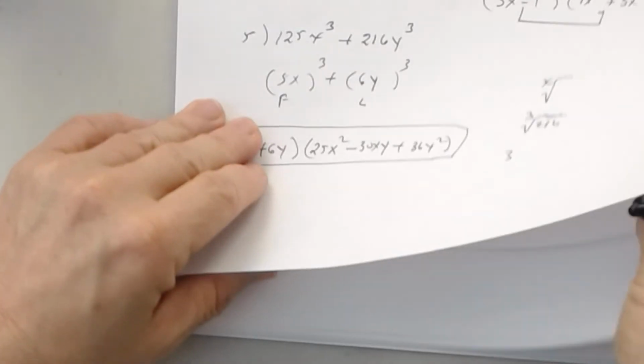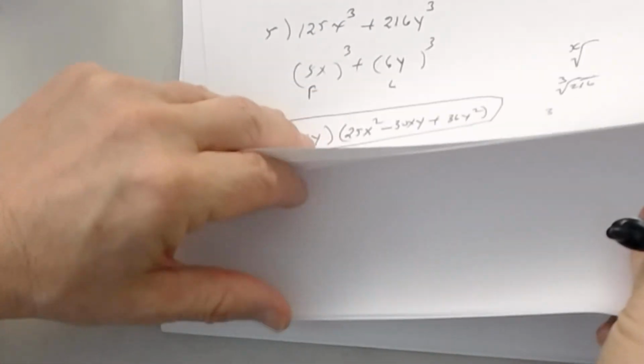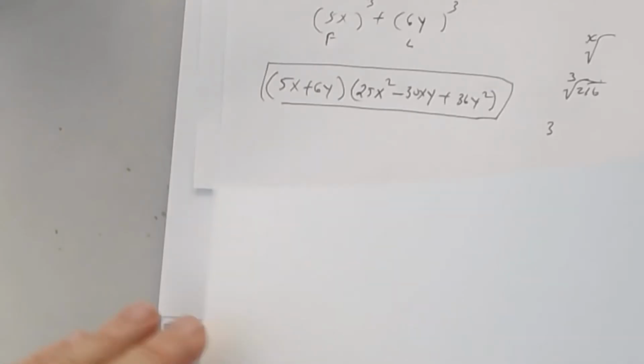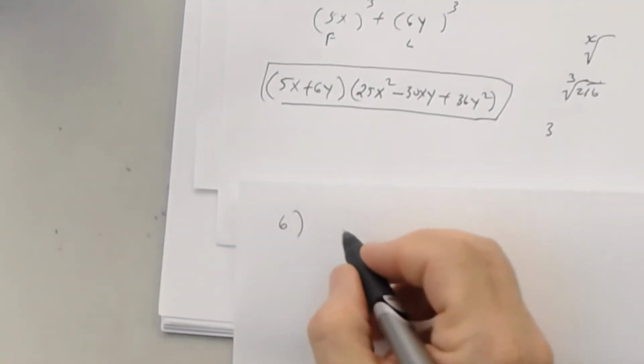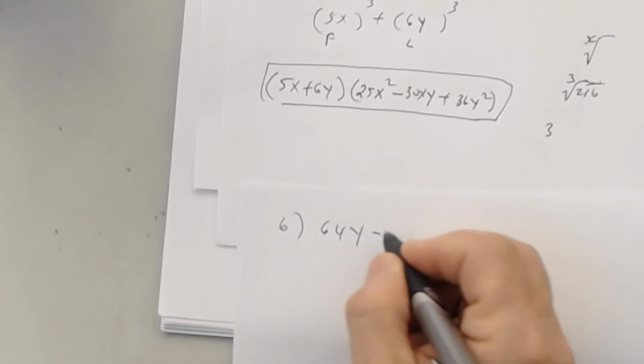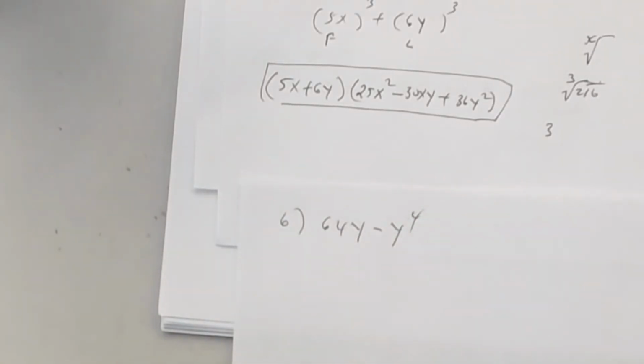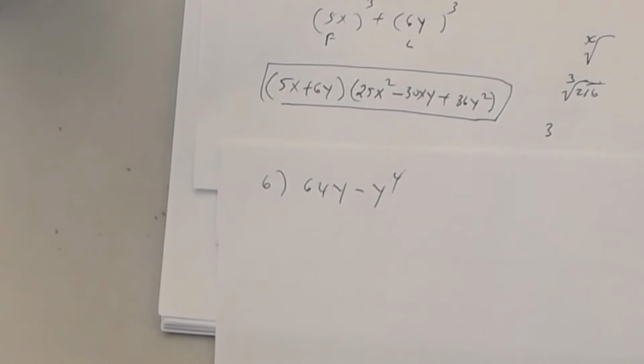All right, number 6. Let's suppose at number 6, I had 64y minus y to the 4th. 64y minus y to the fourth.